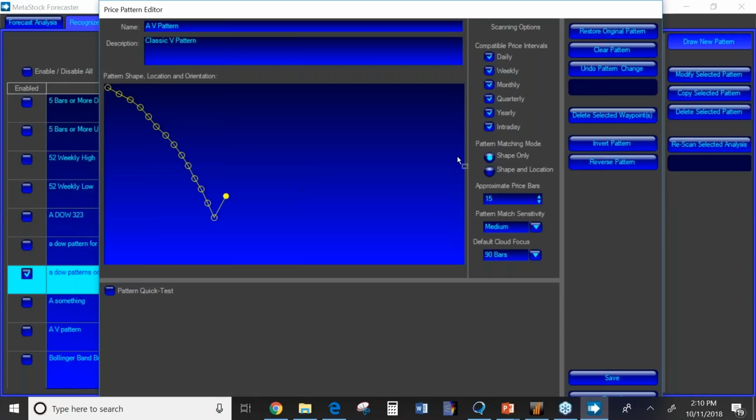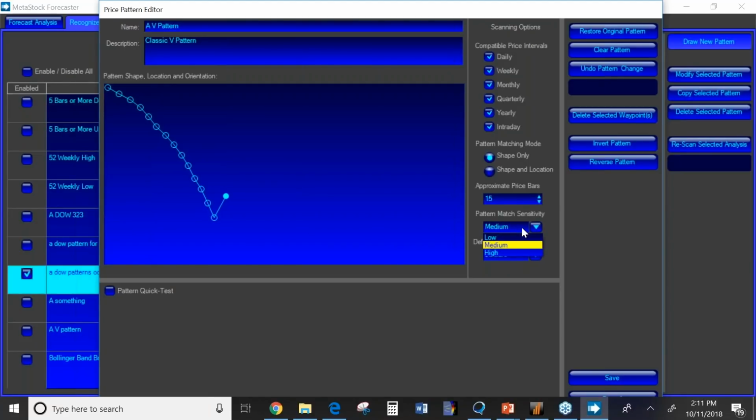Right over here, I can get really specific as to where I want that pattern to occur. I'm going to say I just want this shape, okay? And I want this to occur within about 15 bars or so. And I want it to be really strict when it's looking at the patterns, or I want it to have a medium sensitivity, or a low sensitivity.